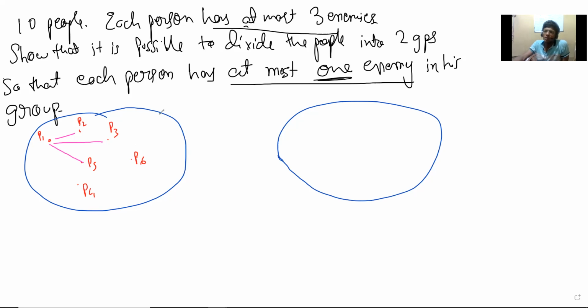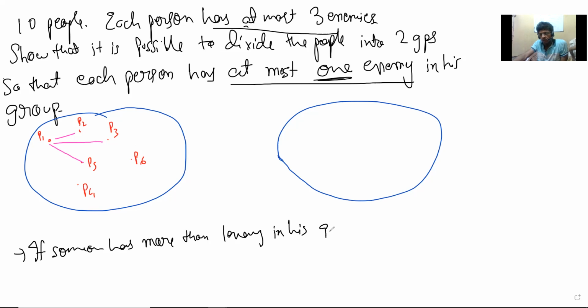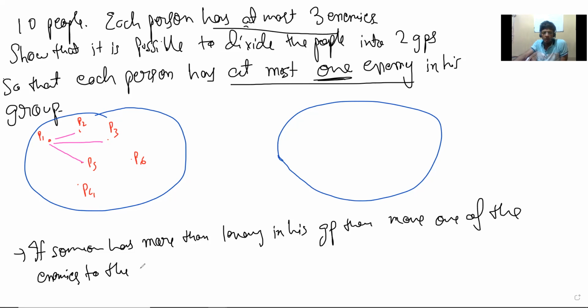So let's just move P2 and P3 to the other group, or I'll just say that if someone has more than one enemy in his group, then move one of the enemies to the other group.